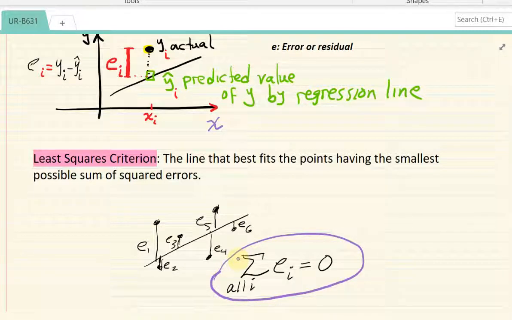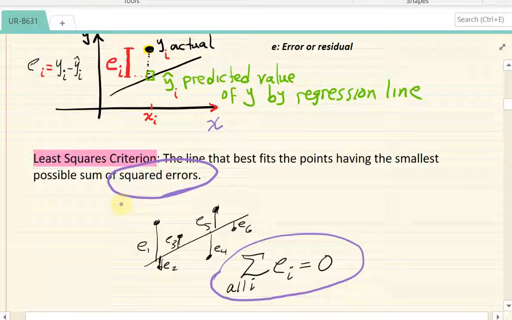So in order to get around that deficiency, statisticians said, why don't we square these deviations, so that when we add them up, we're adding a bunch of positive numbers? Because the square of a positive or negative residual is always positive. It's for that reason that we're looking at squared errors.